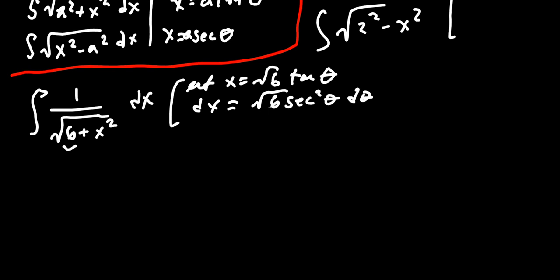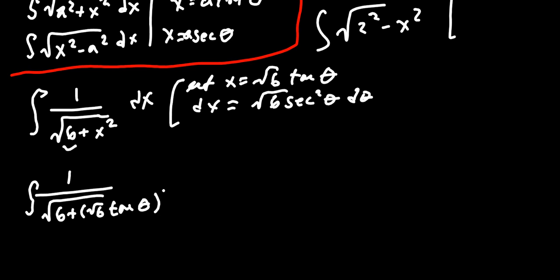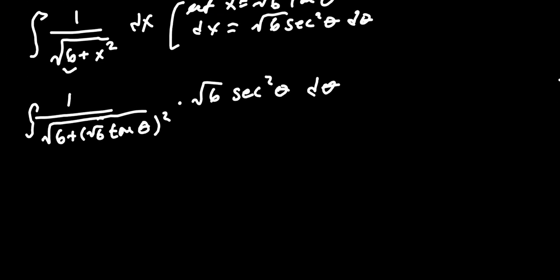So now we transform our expression into the integral of 1 over the square root of 6 plus the square root of 6 tangent theta squared. Now we have to add our dx, so we'll have times the square root of 6 secant squared theta d theta. And then now let's just simply move the constant to the front.